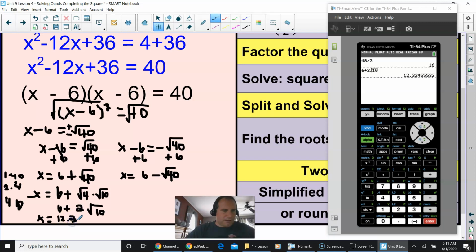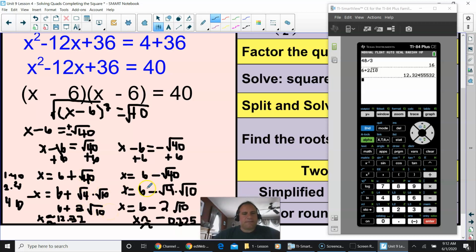So 12.32 approximately, and sometimes you write those wavy equal signs. That's just for approximation. It's around that.